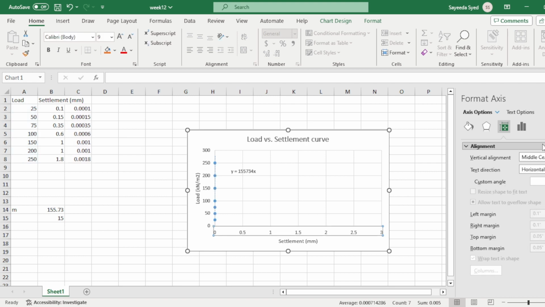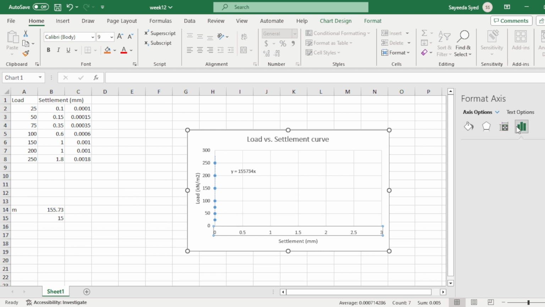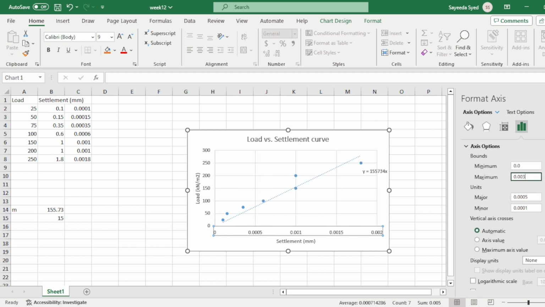And then we'll have axis options. Okay, so we get 155.